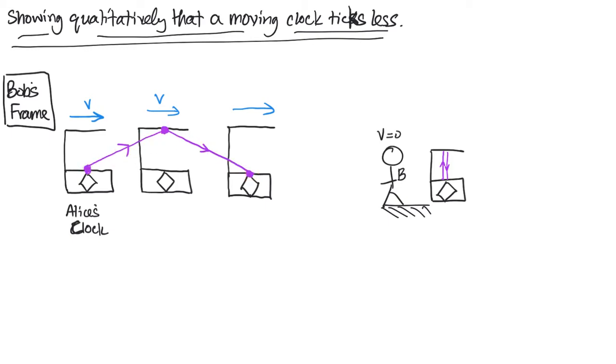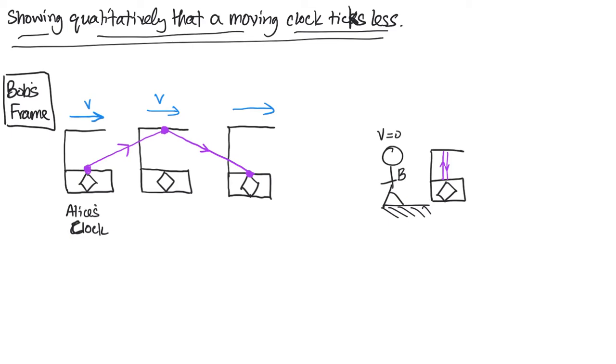And how does the triangular path length compare to the straight up, straight down path length? Well, we know it's going to be longer, right? The hypotenuse of a triangle is longer than either of the other two sides of that triangle. So we know this purple line for Alice's clock is going to be longer than the purple line for Bob's clock. Okay, that's step one, is that Alice's photon has to travel further than Bob's photon.